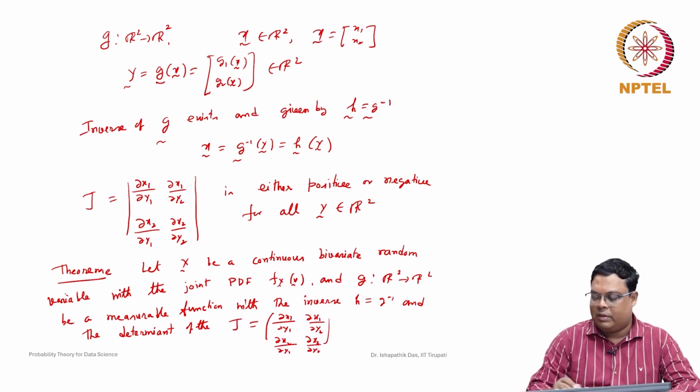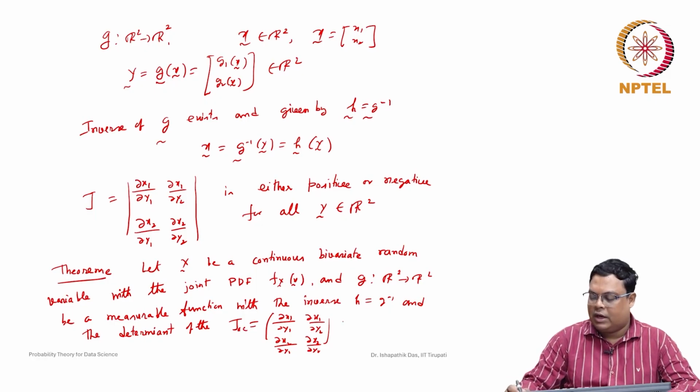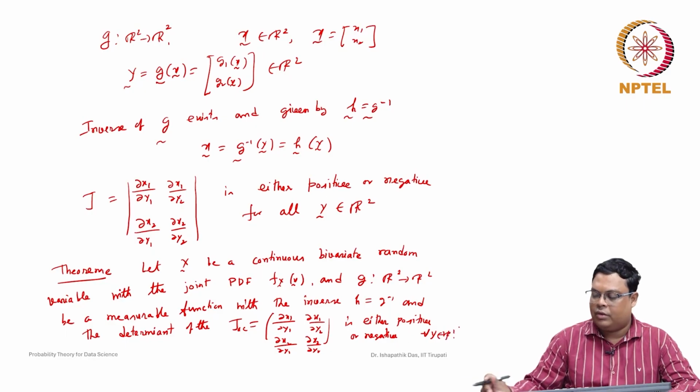The determinant of the Jacobian I denoted by J. So we write the determinant of J. Let the Jacobian be equal to this, either positive or negative for all y belonging to R2.